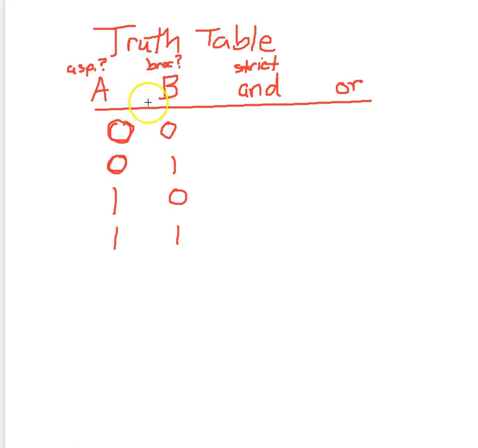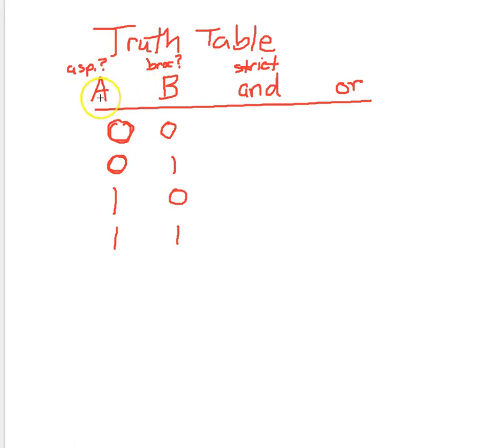Now, in a game or something, A might be the player has more than 0 health, and B might mean the player is currently on the game board or not.